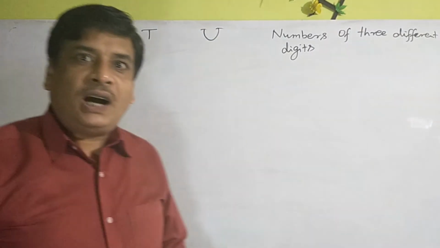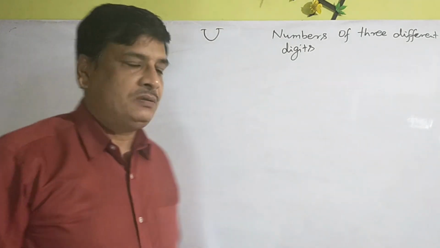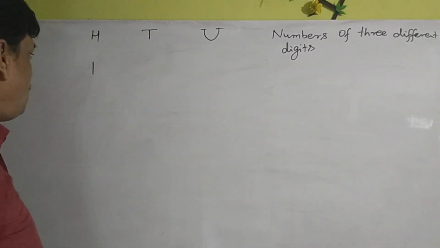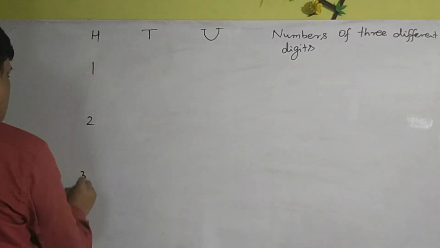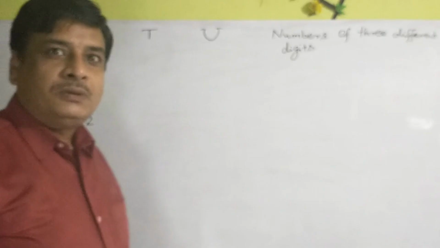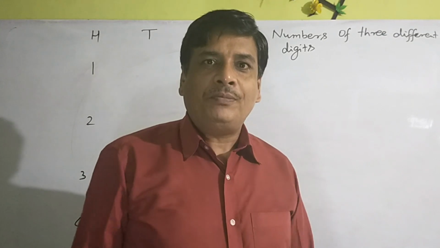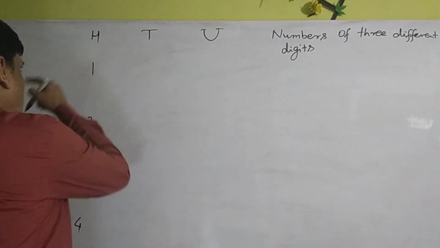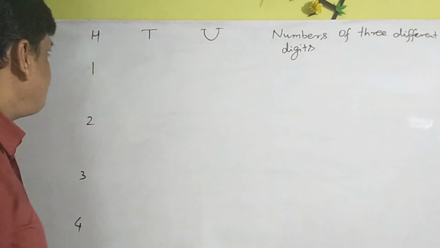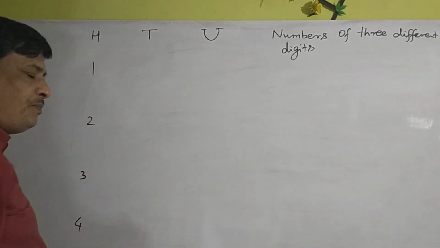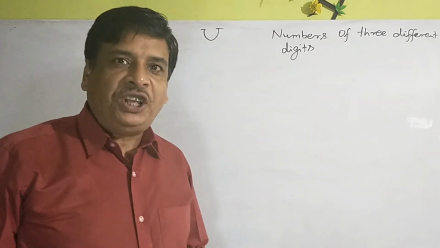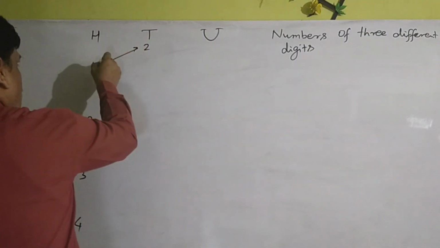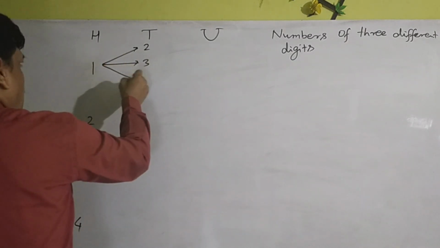The numbers we have are 1, 2, 3 and 4. At the hundreds place, we can take the number 1 or 2 or 3 or 4. Any one of them can be taken for the hundreds place. We have 4 choices for the hundreds place. If we have taken 1 at the hundreds place, then as the number must be formed of different digits, for the tens place we can take either 2 or 3 or 4.